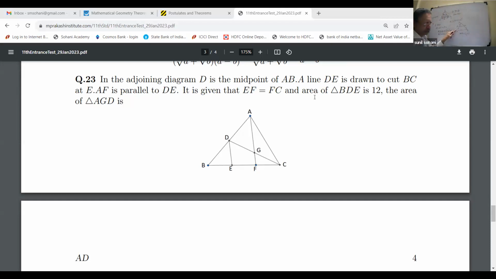Now let me cancel this so I get a space to write. And as shown in the figure, DG is equal to GC. I have written on top also. And if you look at this figure with the base DG, the upper vertex is A. For base GC, upper vertex is A. So bases are equal and the vertex is at the same height for both the triangles, which I can explain you here by a different sketch.